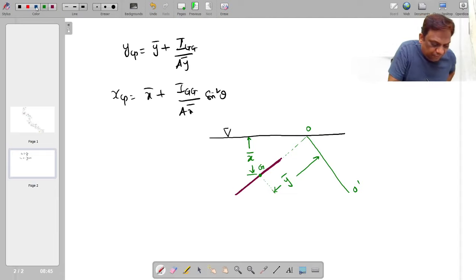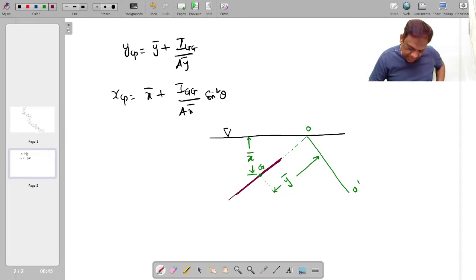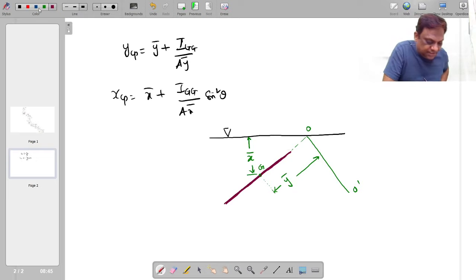Now, where the force is acting, it will not act at CG, but it will act at CP.